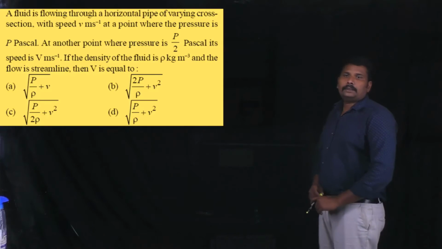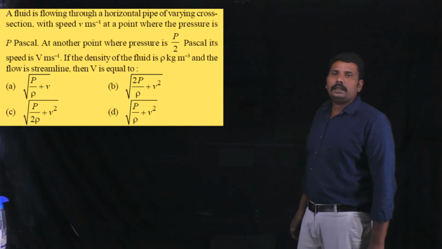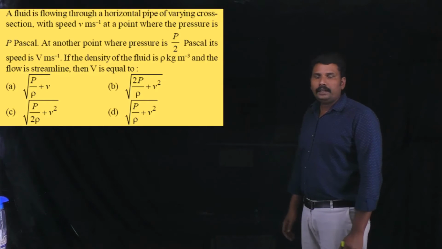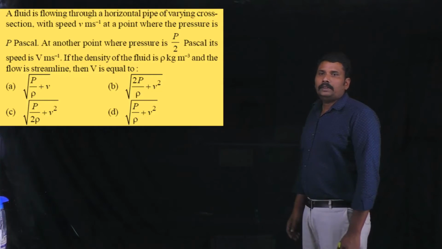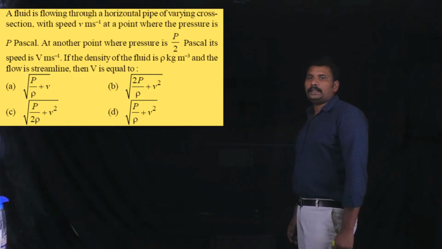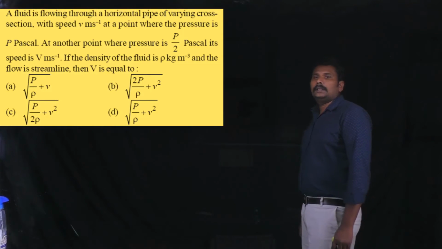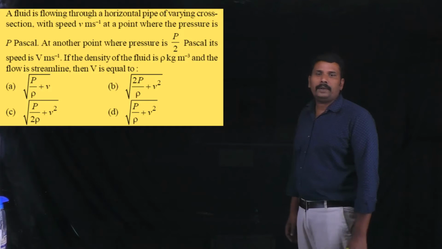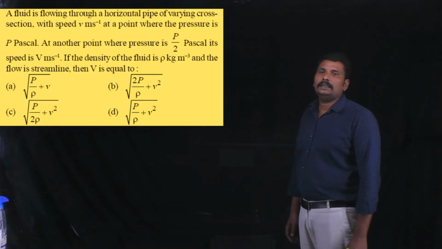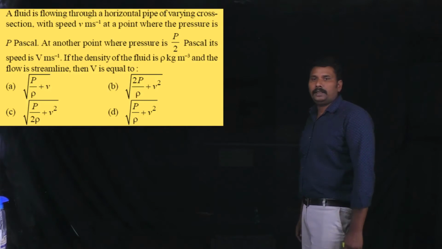A fluid is flowing through a horizontal pipe of varying cross section with speed v meter per second at a point where the pressure is P Pascal. At another point where the pressure is P by 2 Pascal, its speed is capital V meter per second.